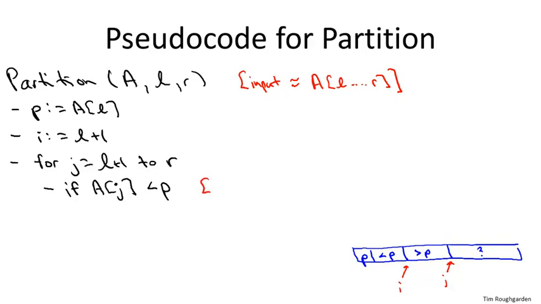Is the newly seen element, A[J], less than P? And if it's not, we actually don't have to do anything. So let me just put as a comment, if the new element is bigger than the pivot, we do nothing. Of course, at the end of the for loop, the value of J will get incremented.